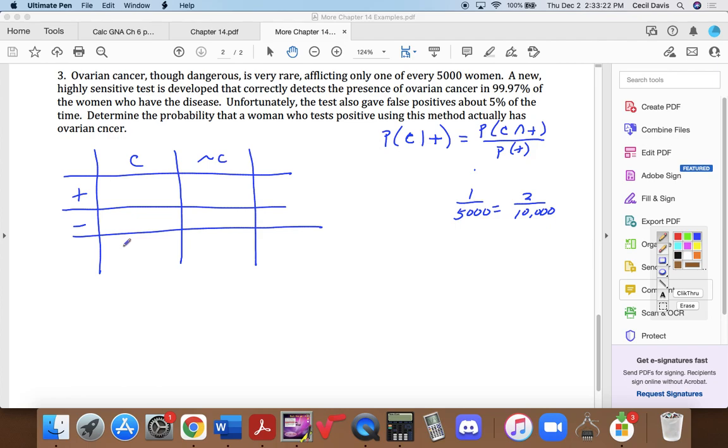I'm guessing it's 2 times 10 to the negative 4. Tenths, hundredths, thousandths, ten-thousandths. So 0.0002. All right, so not cancer is the complement of that, so 0.9998.